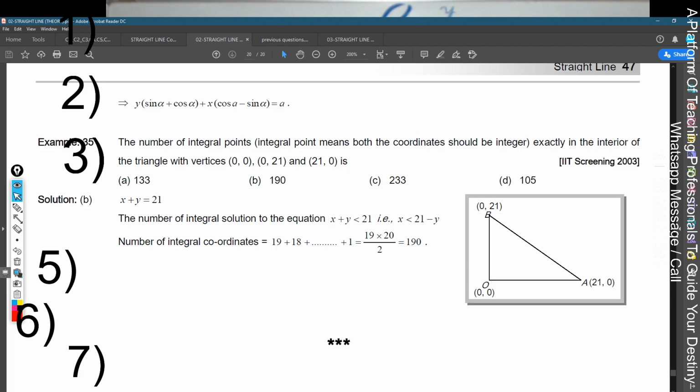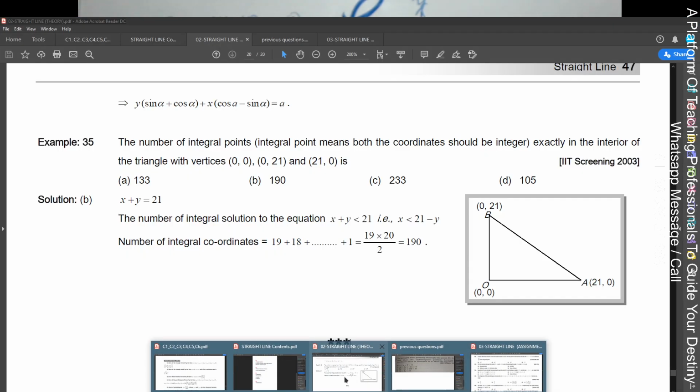What is the meaning of integral points? What are the integral points?